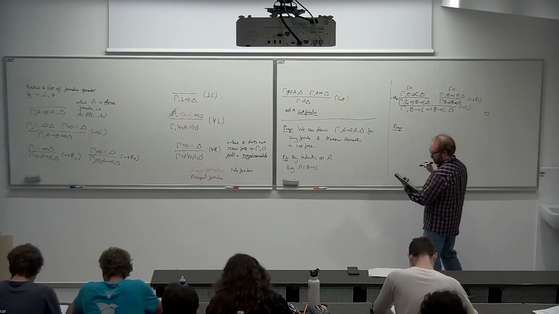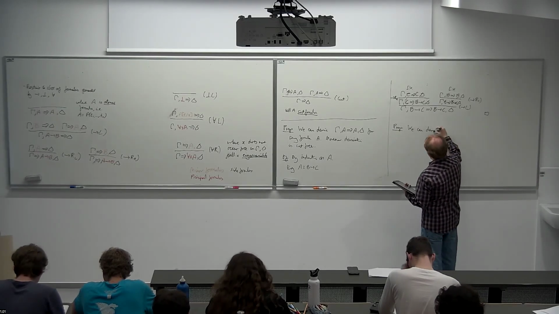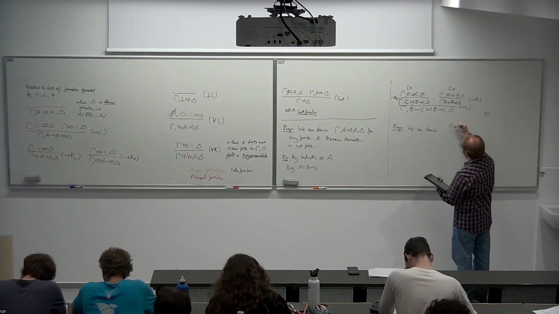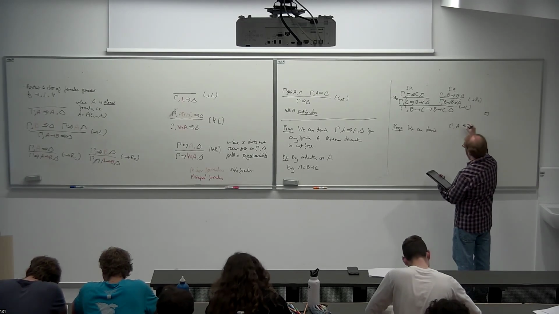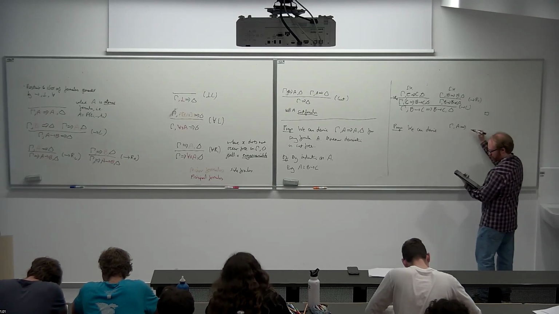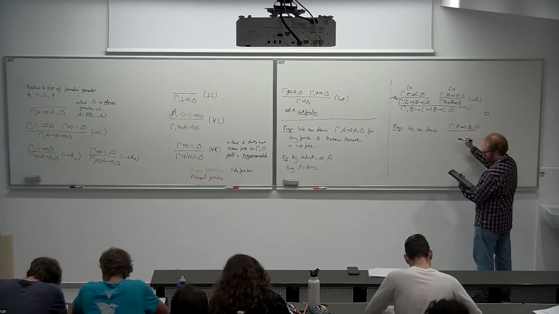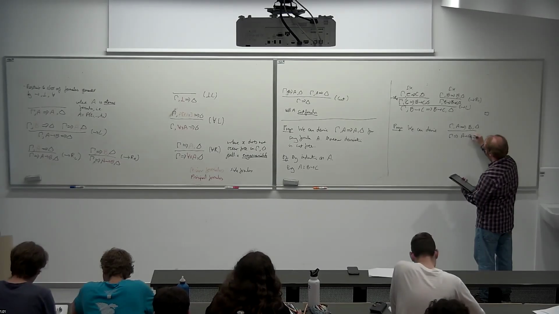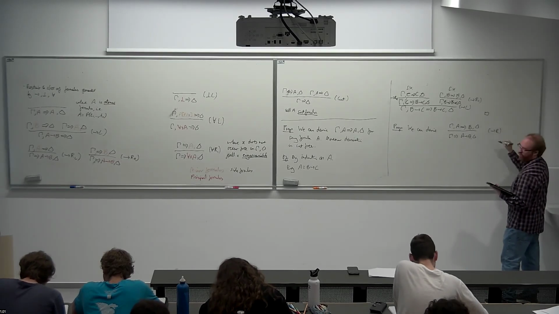The proposition is that this is an admissible rule: given these assumptions, we can derive this sequent. This is what you called implies right last time.